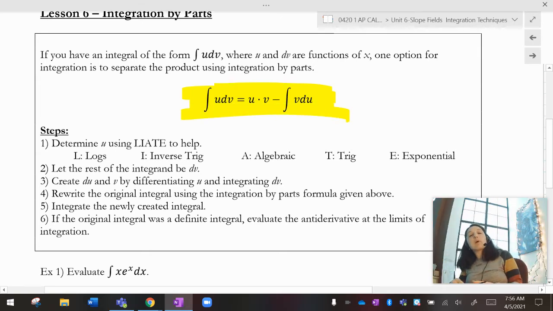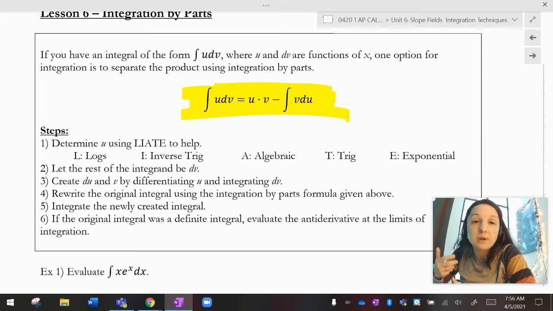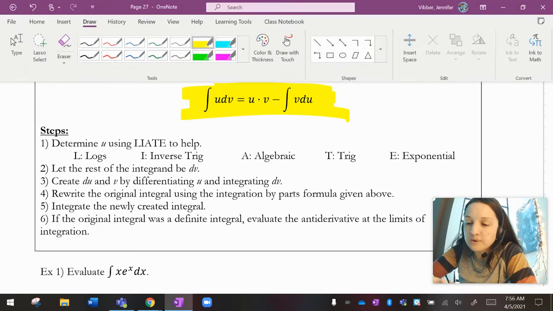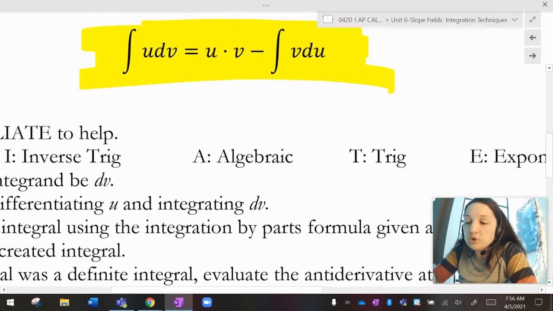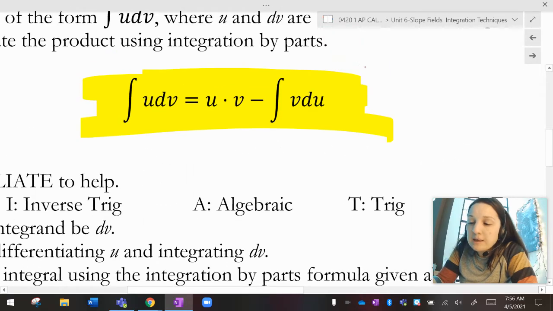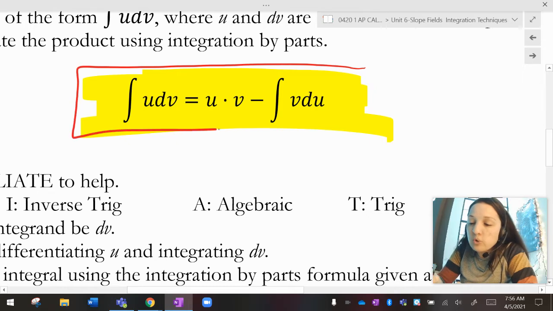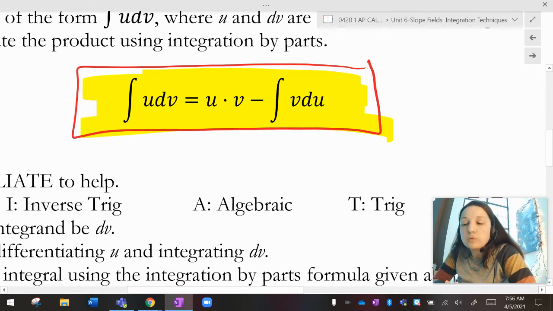Now, integration by parts comes with its own formula. I'm not going to prove where the formula came from right now. I'll get to that later once you've seen how it works. But what you really need to know is that integration by parts says that the integral of u dv equals u times v minus the integral of v du.